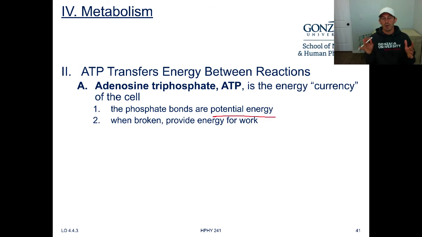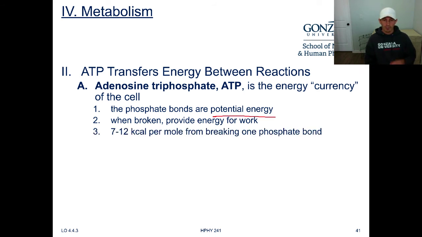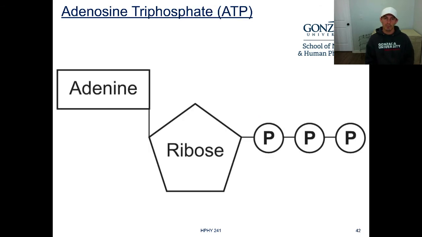And when you break those phosphodiester bonds, it releases a high amount of energy in order to perform a high amount of work. Just some detail here: 7 to 12 kcal per mole from breaking one phosphate bond. I'm not going to expect you to know that, but if you're chemically inclined and you want to know exactly how many calories per mole of ATP are being produced, it's right there.